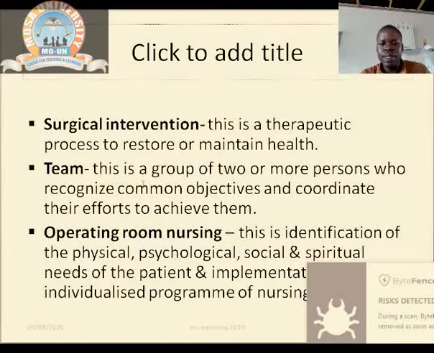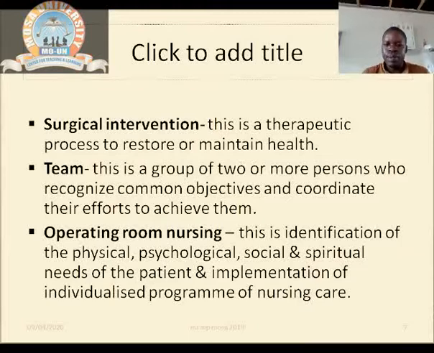Then operating room nursing. This is identification of the physical, psychological, social, and spiritual needs of the patient and implementation of an individualized program of nursing care. So operating room nursing is nursing care that is given to the patient who is undergoing surgery.